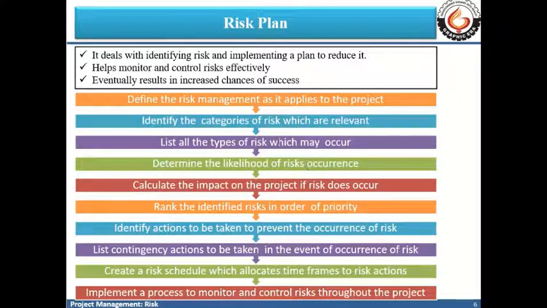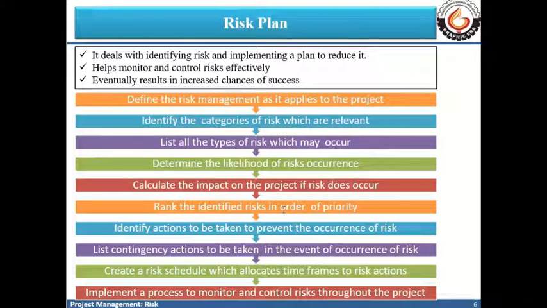Now, based on the type and the chance of risk, you calculate the impact that these risks can have on your project. Then you prioritize or rank the identified risks, so that you can know which risk is the most critical, most detrimental or most challenging.